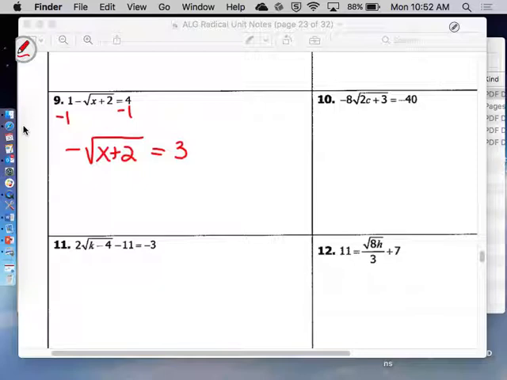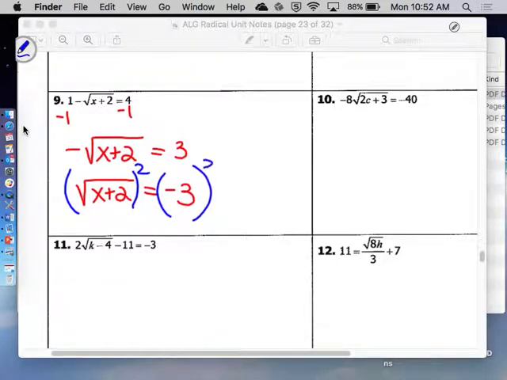And then I would divide both sides by -1 to eliminate the negative sign. And then you have the square root of x plus 2, and that's set equal to -3. So if I square this, I'm going to get x plus 2 equaling 9. And then if I subtract 2 from both sides, x equals 7.